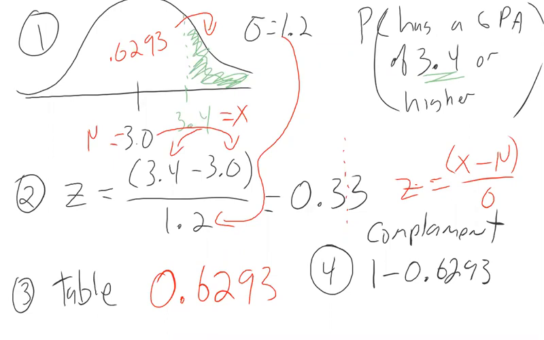So our final answer is 0.3707 or 37.07%. There was a 37.07% chance that a randomly selected student has a GPA of 3.4 or higher.